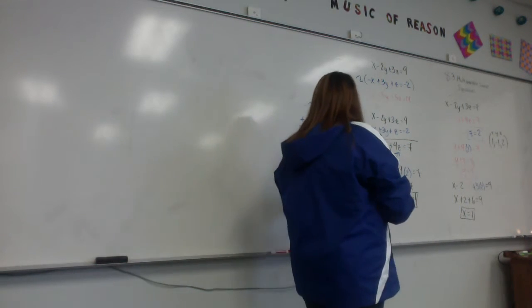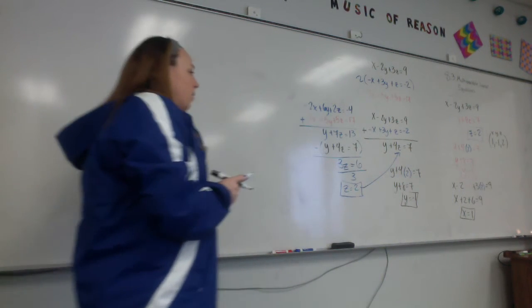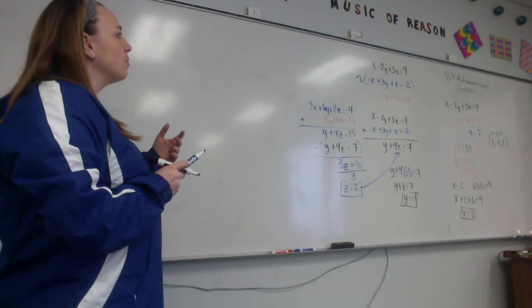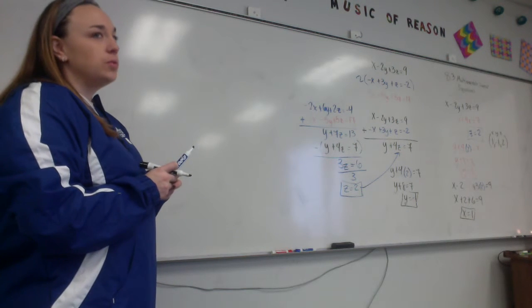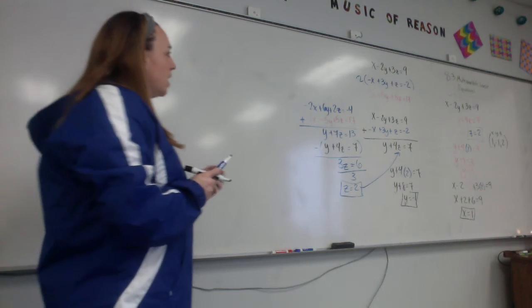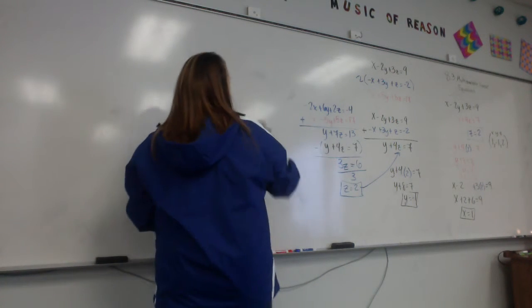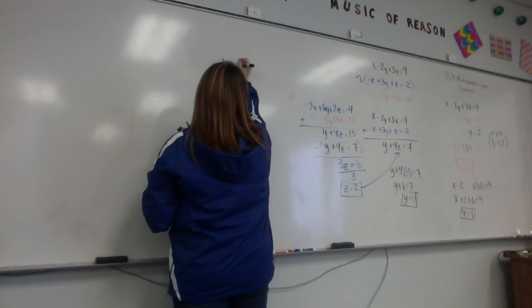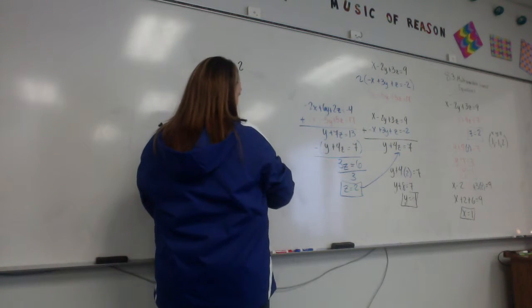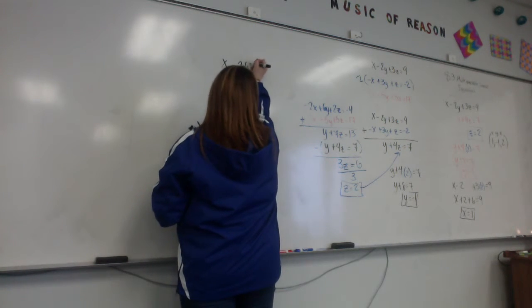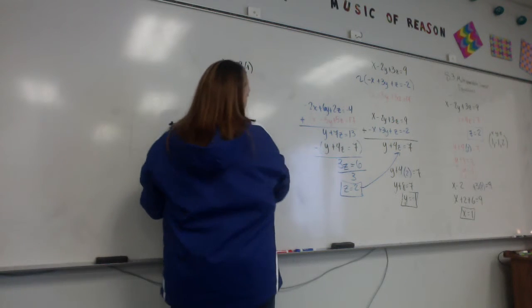Now I have y and z. I'm going to plug y and z into any of my original equations. Doesn't matter which one, any of them will work. I'm going to stick with the top one because it's easy. And so the top one says x minus 2 times negative 1, right?